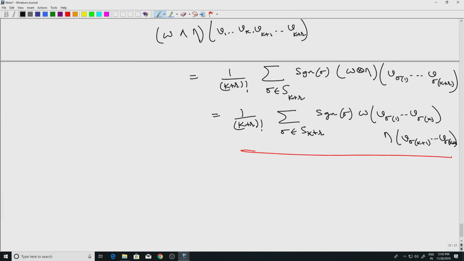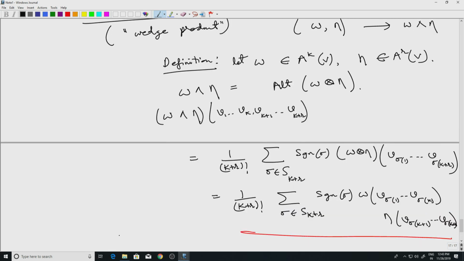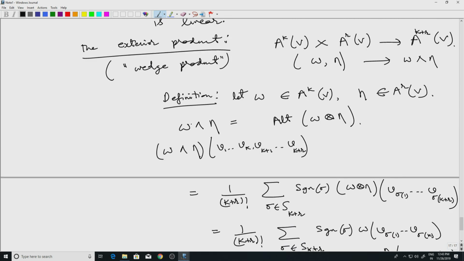So I would like to continue where I had stopped last time. I had introduced this operation of wedge product.